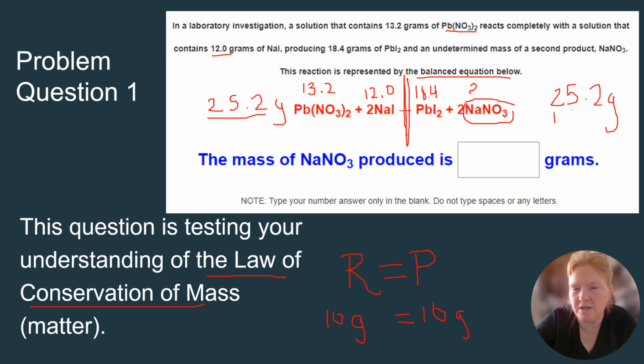We would do this subtraction problem, right? 25.2 minus 18.4 to get the answer for the mass of the sodium nitrate, right? So it would be 6.8 grams because it's literally just doing this subtraction problem.